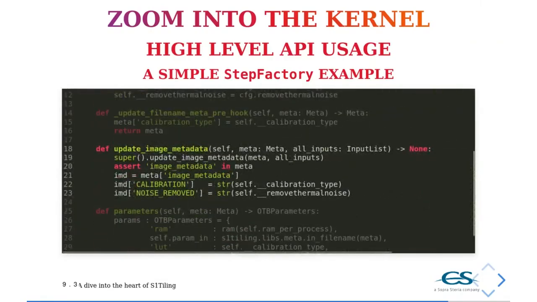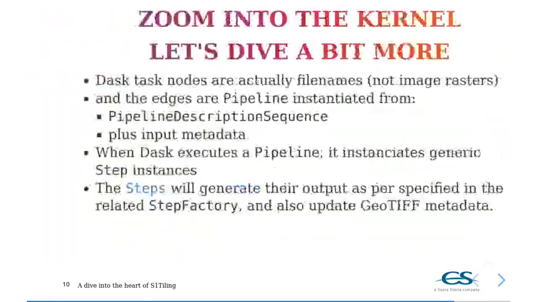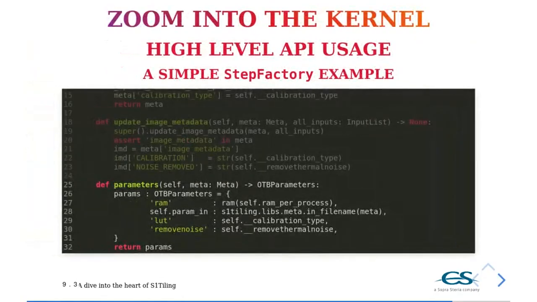And I have another hook where I'll register all the metadata that I want to write as GeoTIFF metadata. And finally, there is this parameter function that defines, okay, when I call the OTB application, I will inject this list of OTB parameters. Simple step factories are as simple as that to define.